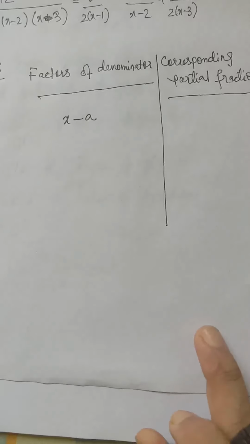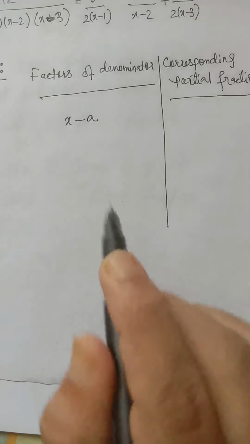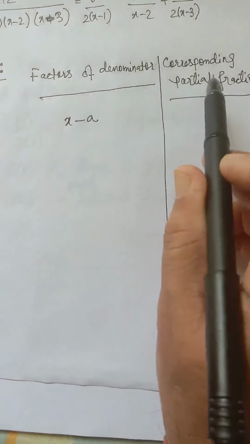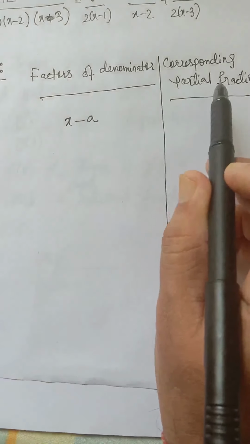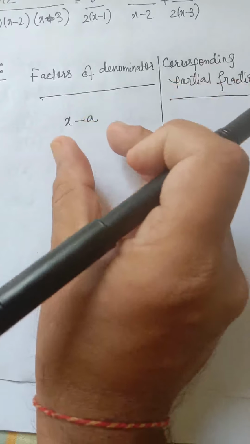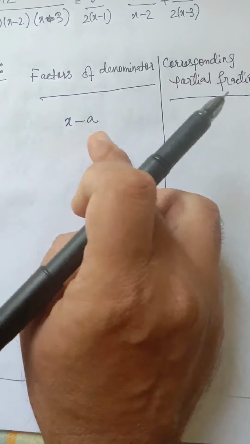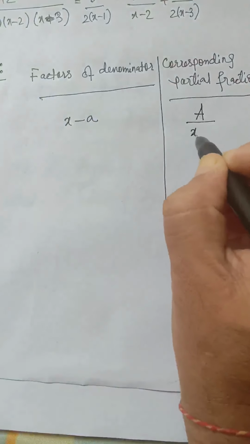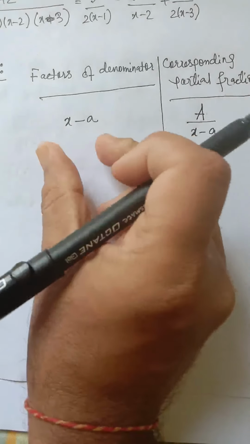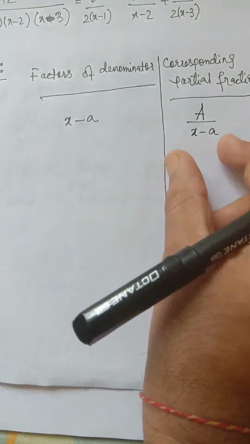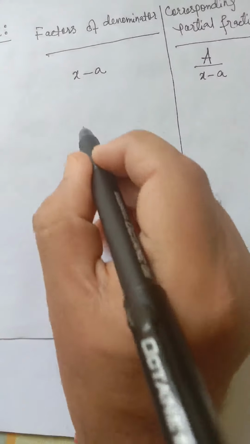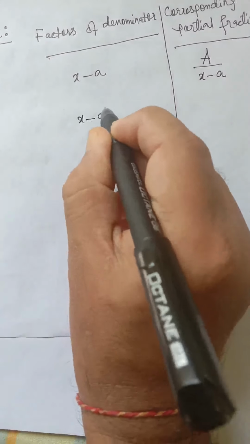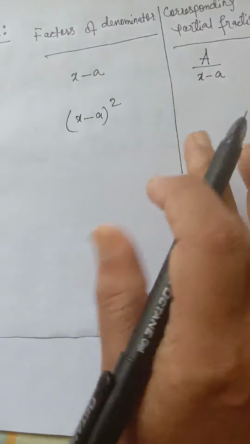A very important note: factors of the denominator and the corresponding partial fraction. If one of the factors of the denominator is x - a, the corresponding partial fraction will be A by (x - a). Suppose (x - a) whole square is a factor of the denominator of the given fraction.